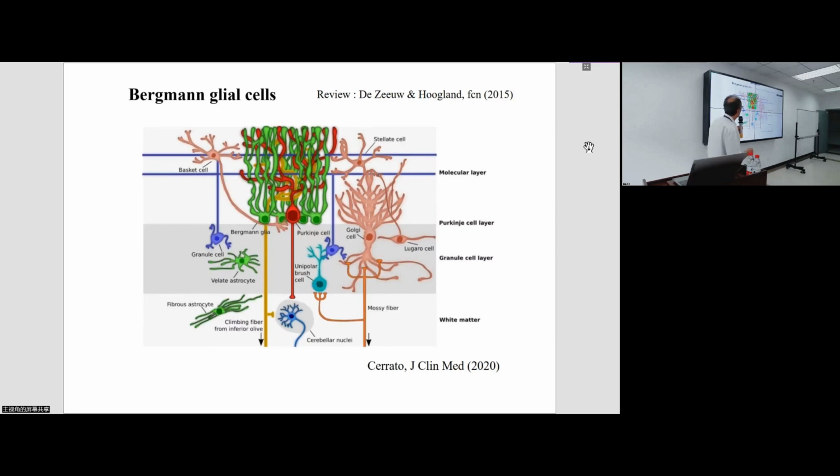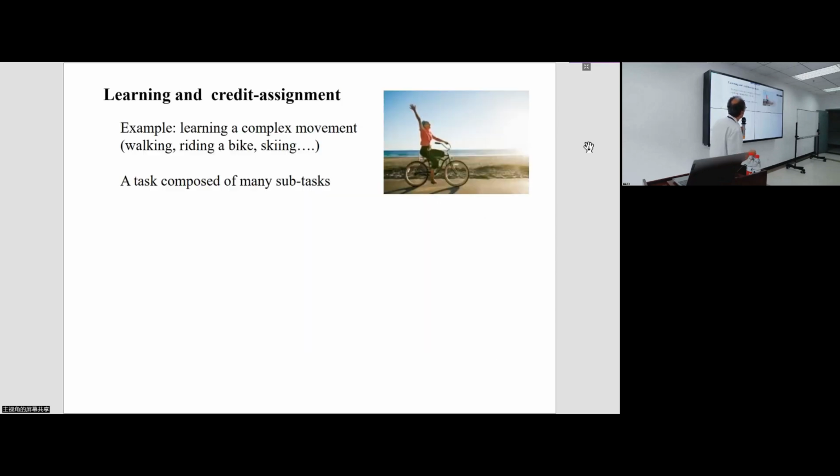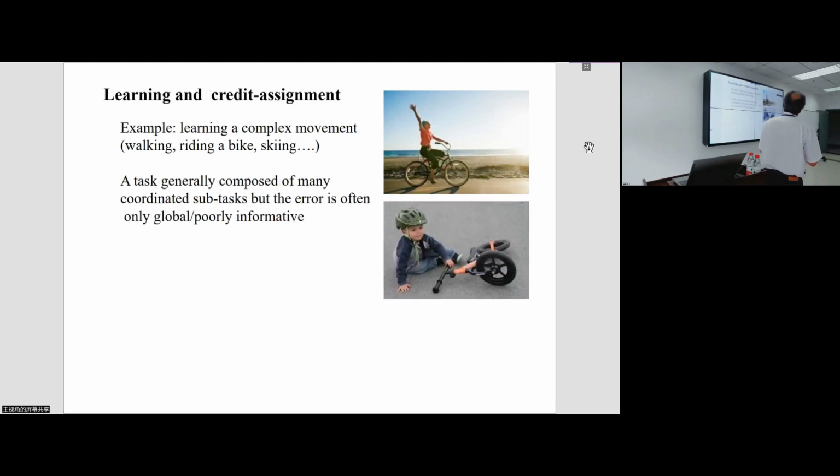Okay, so I'll go to the main topic of the lecture. If you think of a complex task like bike riding, it's a complex movement, and there are many subtasks, many muscles involved. And the error that you get is actually very poorly informative.